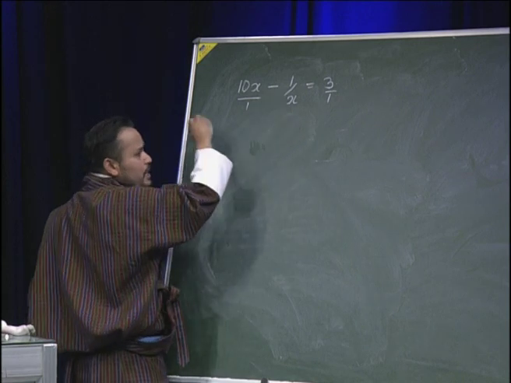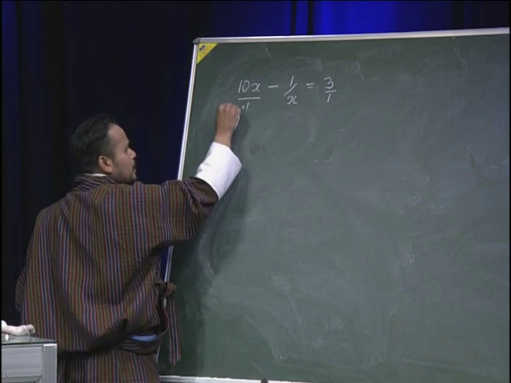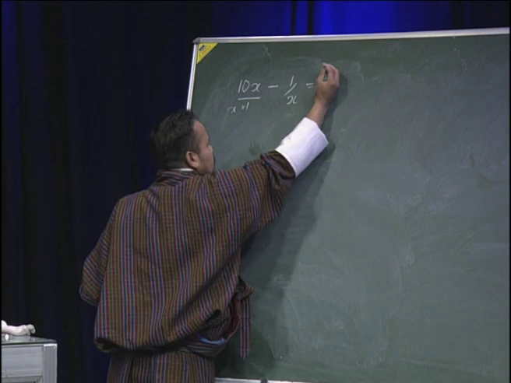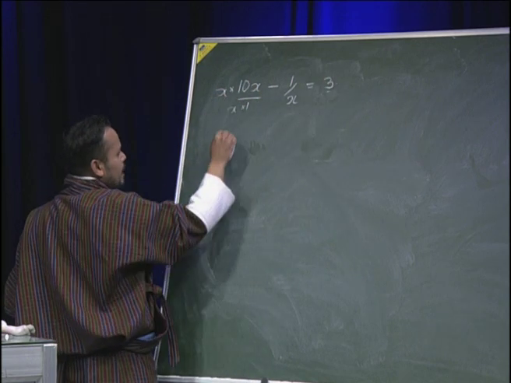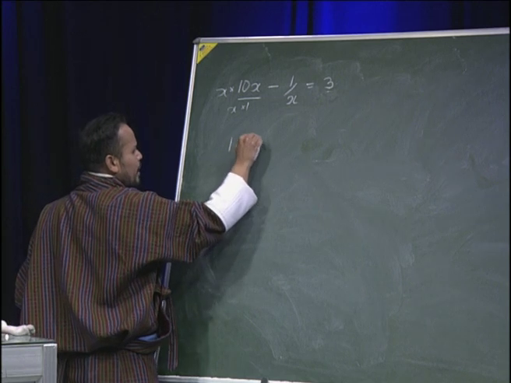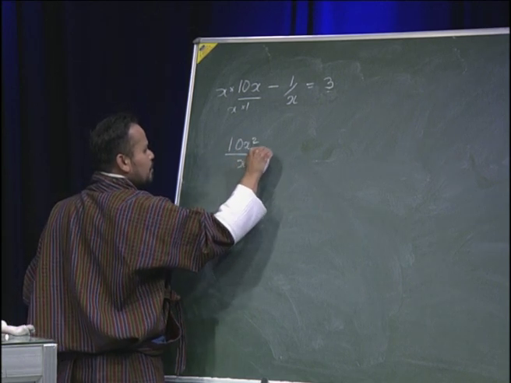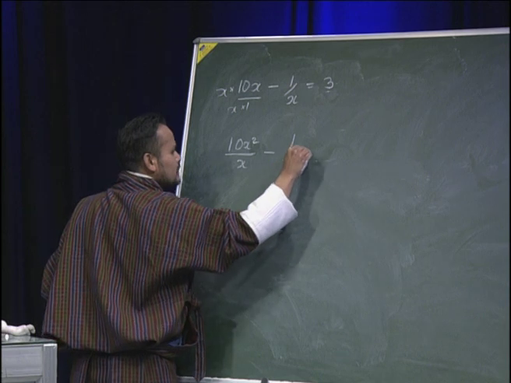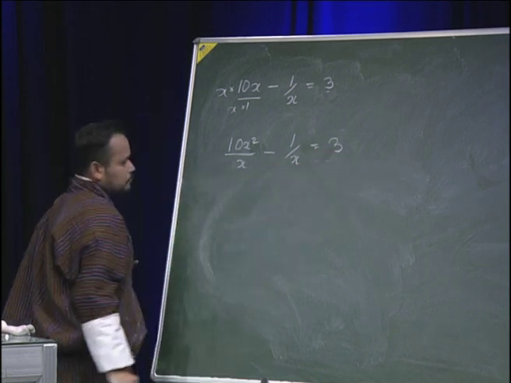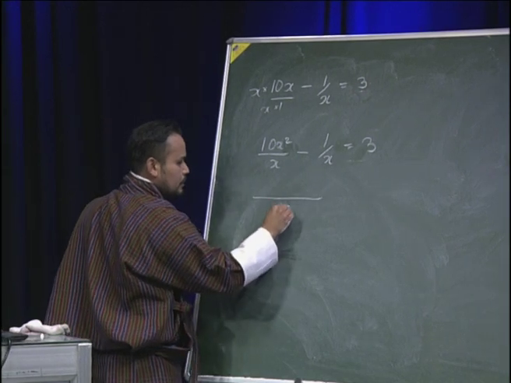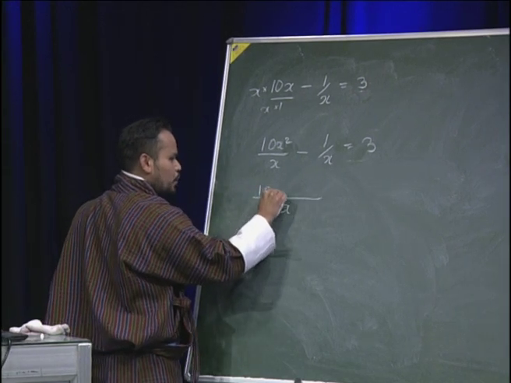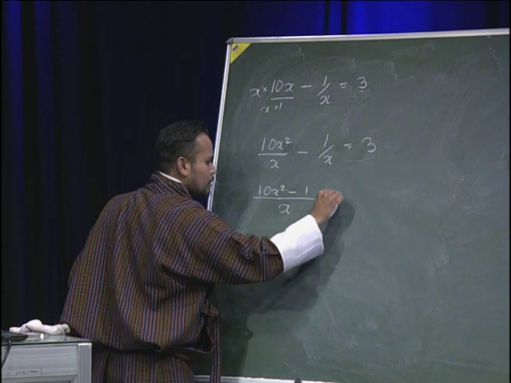Making the denominator the same, I am going to multiply here with x. So I am going to have 10x square divided by x, minus 1 by x, is equal to 3. So the LCM here is x. So 10x square minus 1 is equal to 3.